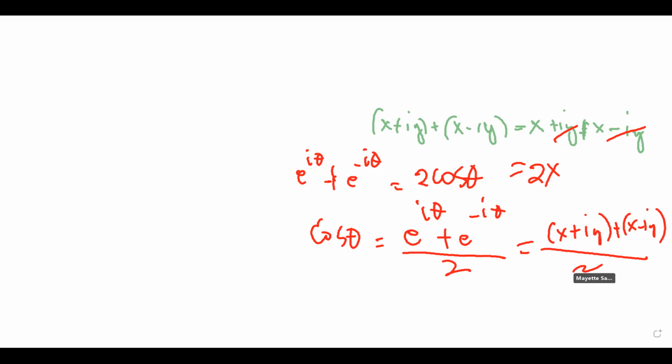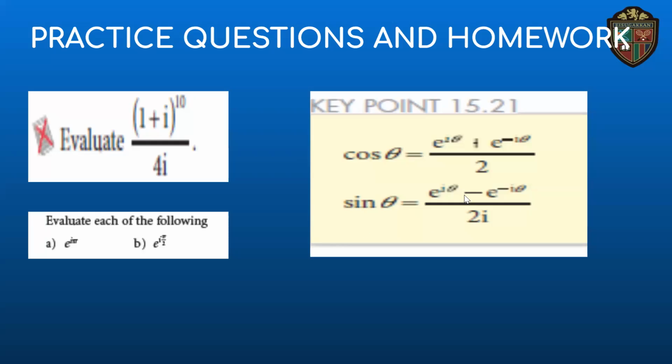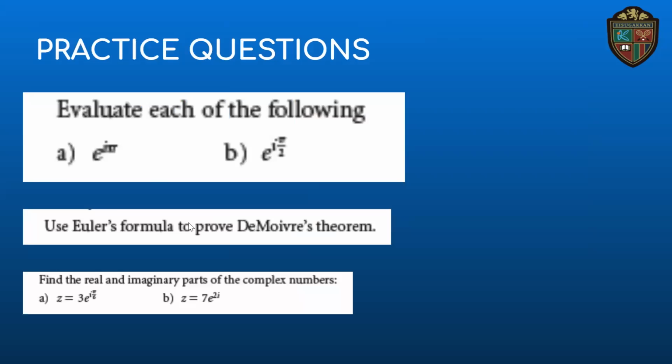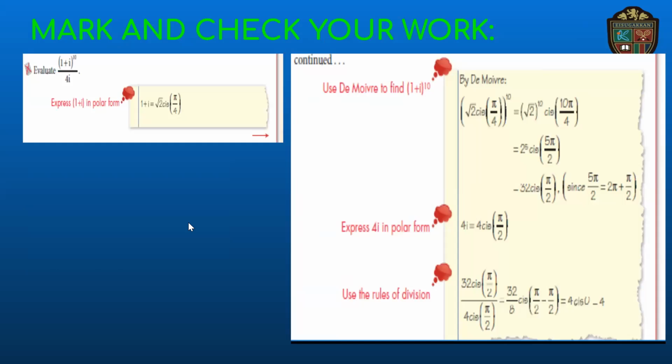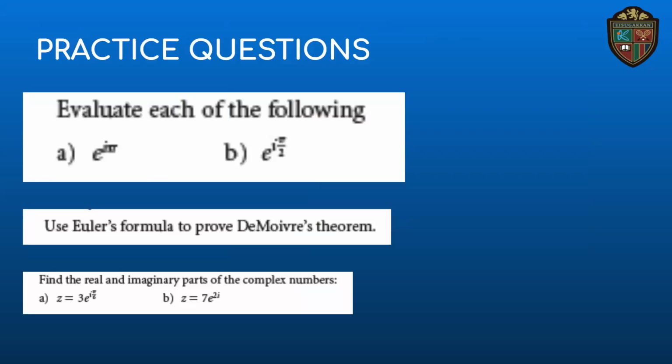That's just the same. Okay? So that's the property here. Now you can check, or you may do the sine theta. This time it's just a subtraction, so the result will be twice the imaginary part.